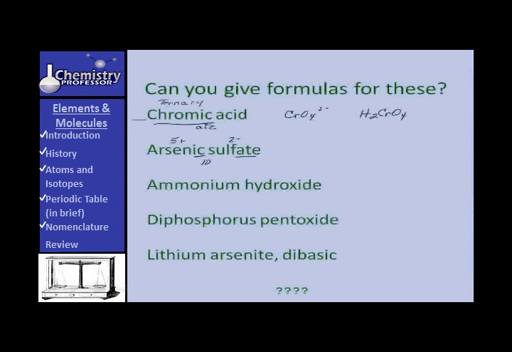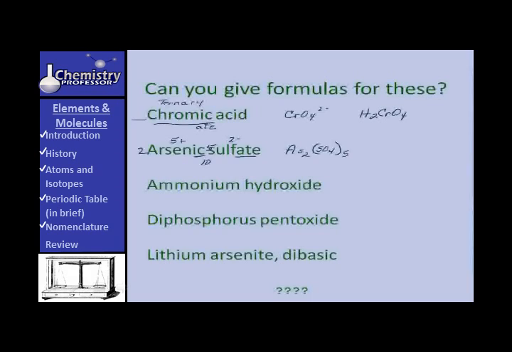So I'm going to have 2 of these right here, and I'm going to have 5 of these to get my oxidation states to add out, to be electrically neutral. So it's going to be arsenic, As2, and sulfate is going to have to be in parentheses, SO4, close parentheses, 5.